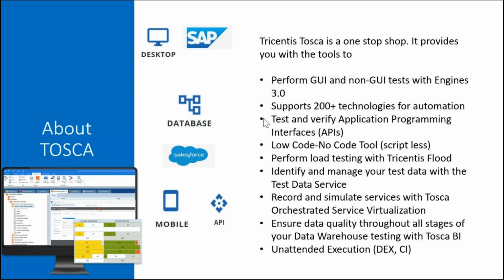So FMCG, medical, healthcare. There are lots of enterprise applications and enterprise products. SAP is one of them, an enterprise application. So that's why they have this option, whether to go with Tosca or not, and there are factors that depend on it.